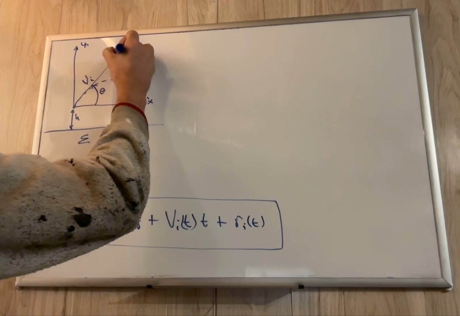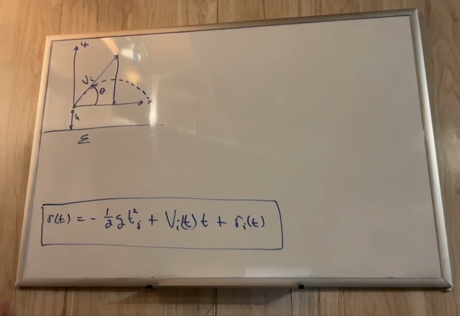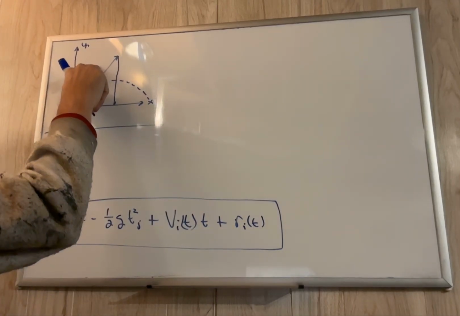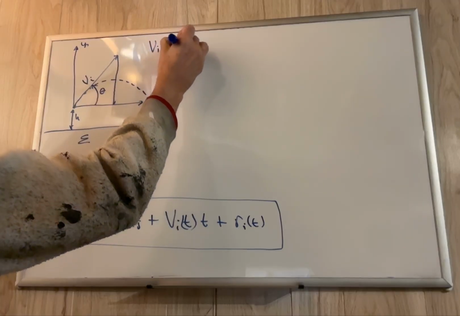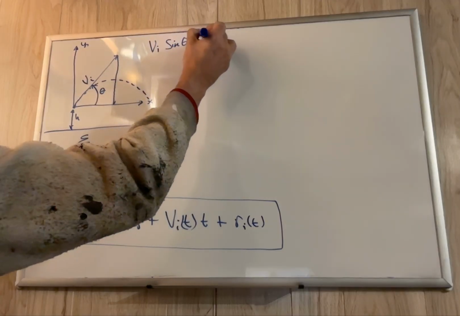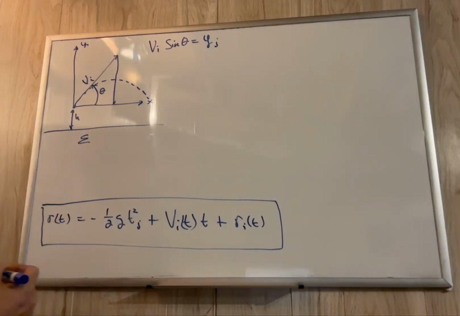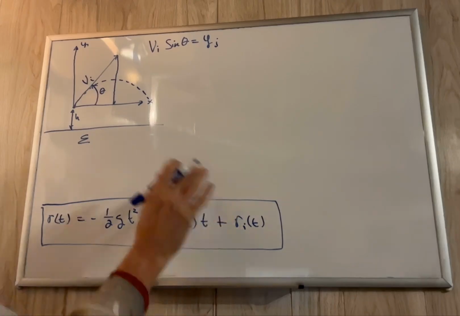Well, then what is going to be our velocity in the y direction? Opposite over hypotenuse is our sine, right? So velocity initial sine theta is going to be our y direction, or j, whatever you want to say.